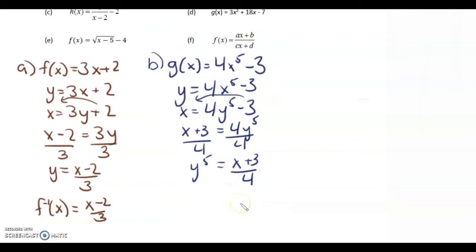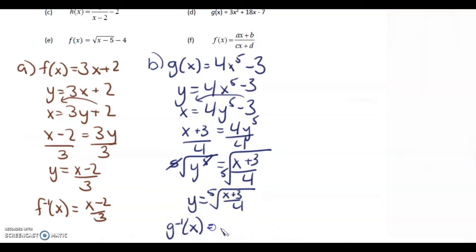Now, in order to get rid of the y to the exponent 5, we have to fifth root this so that those two cancel. Okay, so we're going to fifth root this. We're left with y equals the fifth root of x plus 3 over 4. And then we're going to rewrite back with function notation.